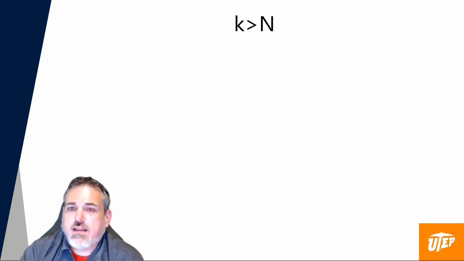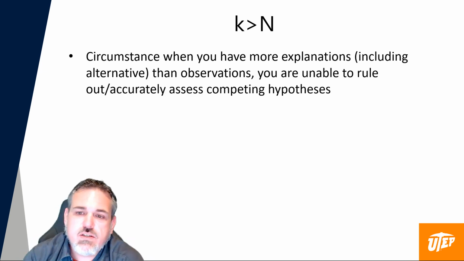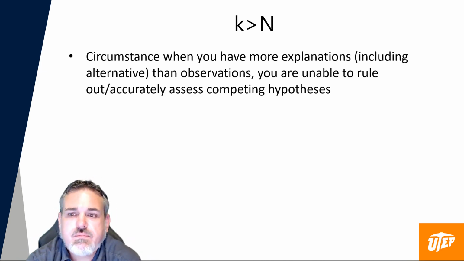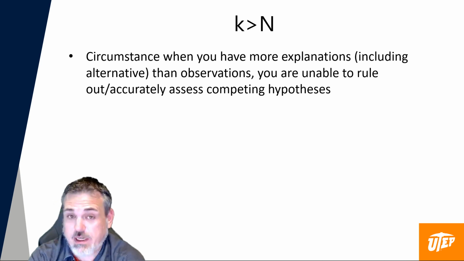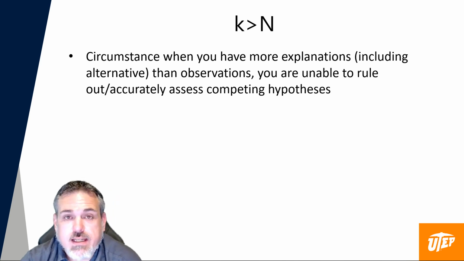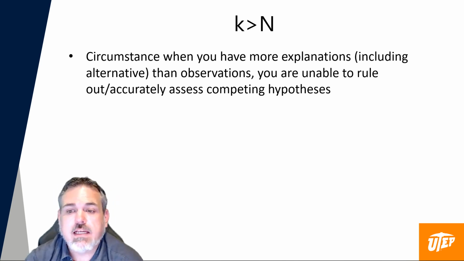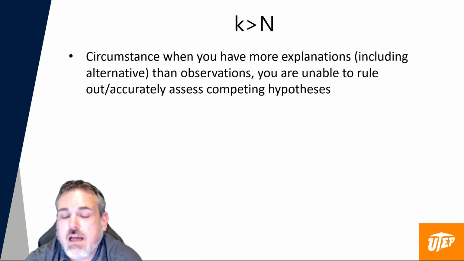So first, looking at the K greater than N problem, this is a circumstance in which you have more possible explanations which you're wishing to test and rule out than you actually have observations. And in this circumstance, where you have more competing explanations than you actually have observations, you're unable to rule out competing hypotheses or competing explanations.